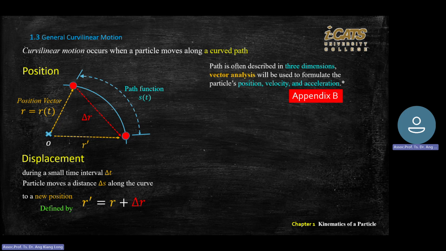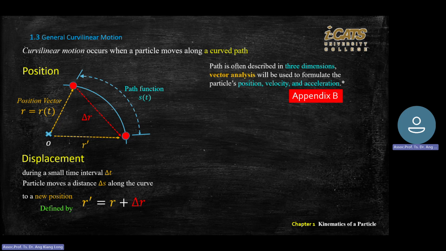Okay, so to analyze curvilinear motion, you need to know the position. In this case, we use R, and R is always from the center of the curve, which we label as O, and the arrow points towards the object because it is a vector. A vector has position and is always viewed from the center of the curve. Same with the second position, also from the center of the curve pointing to the object, and we label it as R prime.